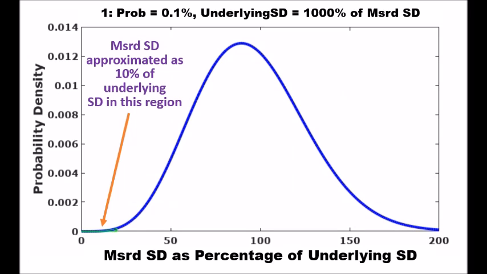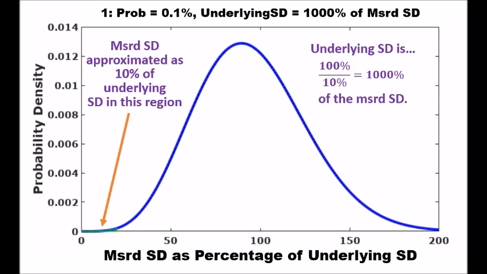This means that if we happen to be in this region, our underlying standard deviation is 100% divided by 10%, or 10 times larger than our measured standard deviation. So that's a huge standard deviation. But keep in mind that this rectangle is tiny, so the corresponding Gaussian function only has an area of 0.001, or 0.1%.